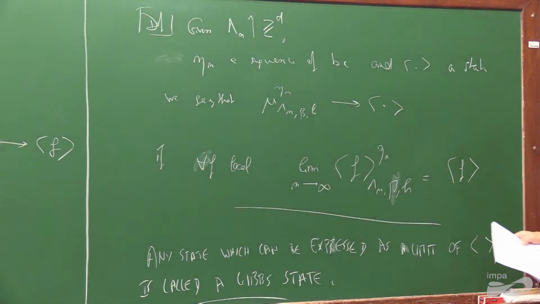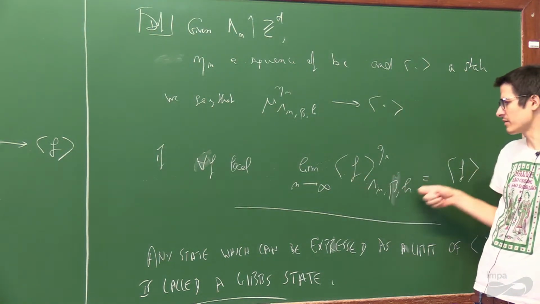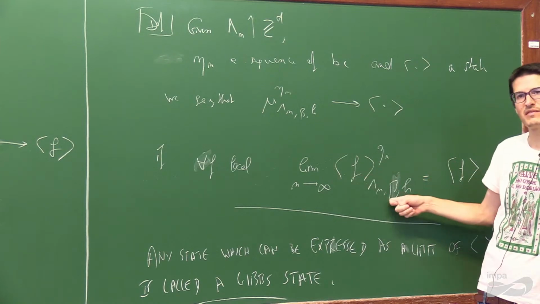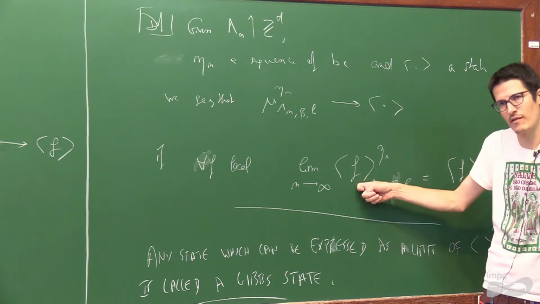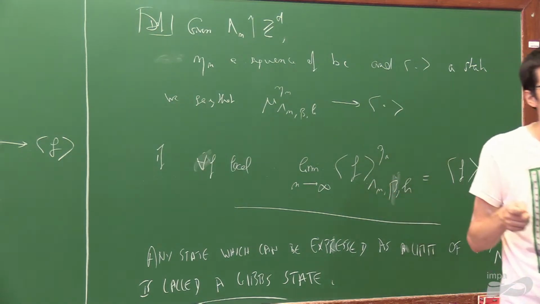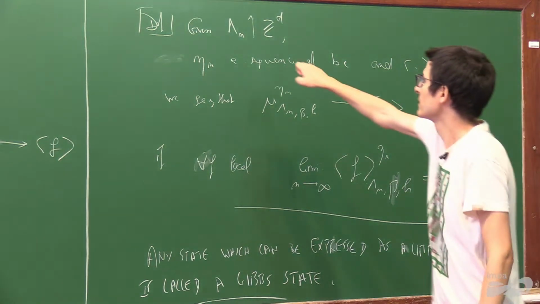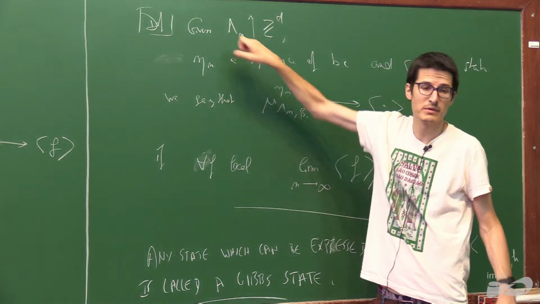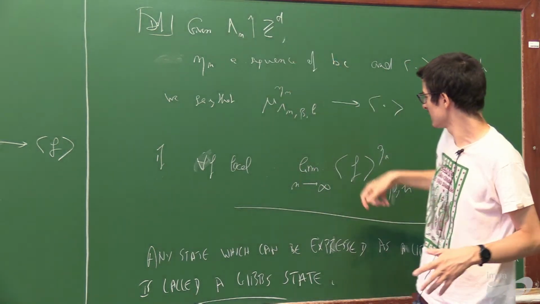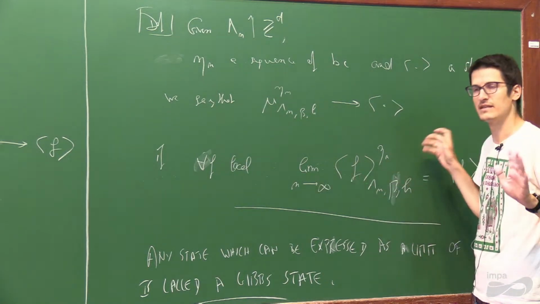Here just a bit of precision. For this to be well defined, I need the support of f to be included in lambda n. But for the limit to be defined, I don't need the whole sequence to be defined, just n large enough. So if the sequence lambda n exhausts Z^d, then this is defined for n sufficiently large.